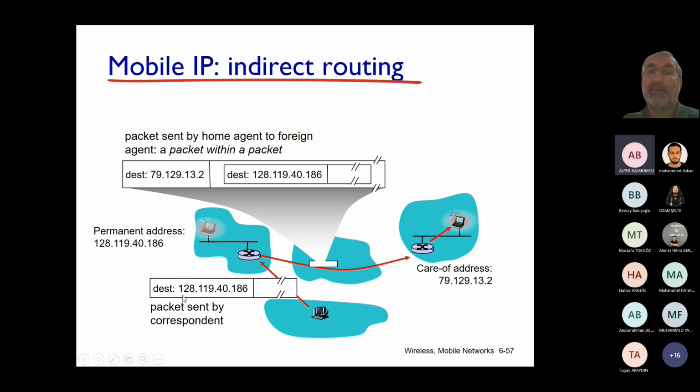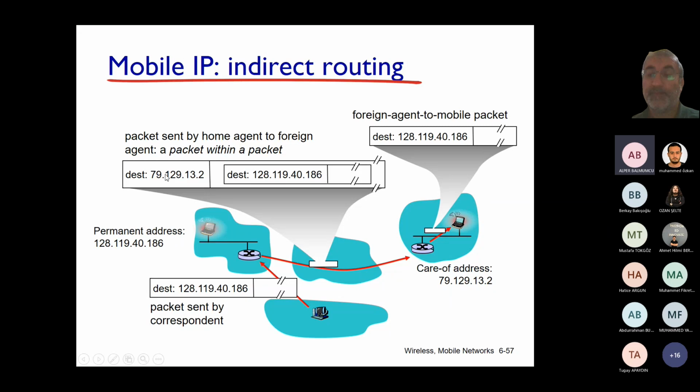And then the home agent intercepts these packets and encapsulates them into another packet by putting the destination as your care of address. And then the home agent sends these packets to the foreign agent. So the foreign agent receives this packet, removes the other preamble, and then sends the packet to the mobile.